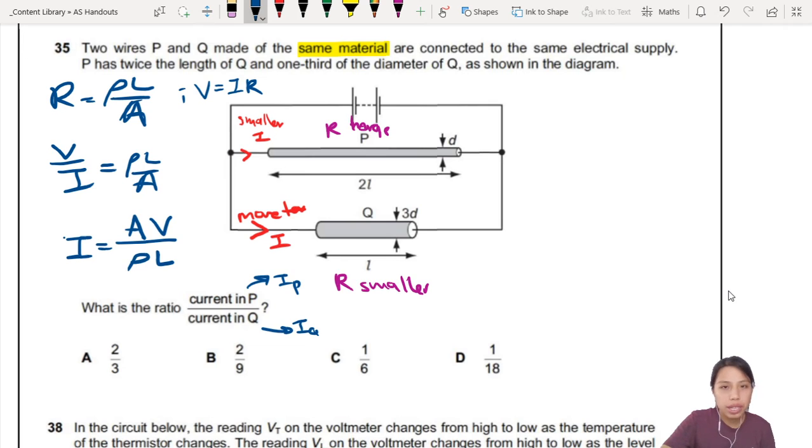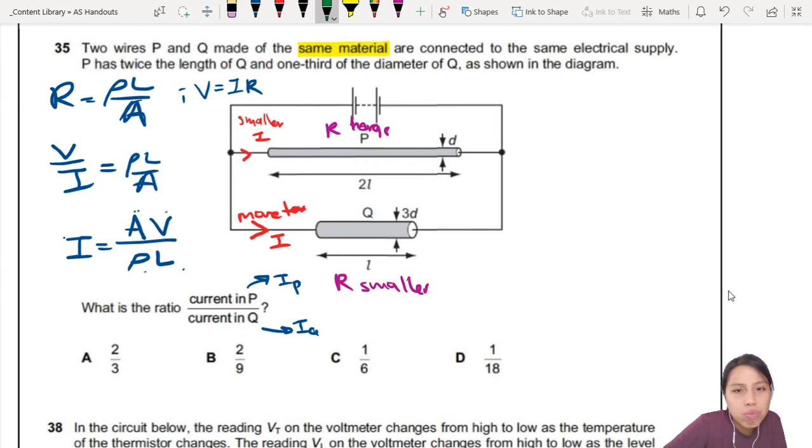That's it. Now we need to plug in everything we know about IP and IQ. I'm going to do the shortcut since we already did the long way in the previous video, the paper 2 one, the ratio everywhere one. Among all these variables, A, V, rho, L, which one is constant? A is changing because of diameter.